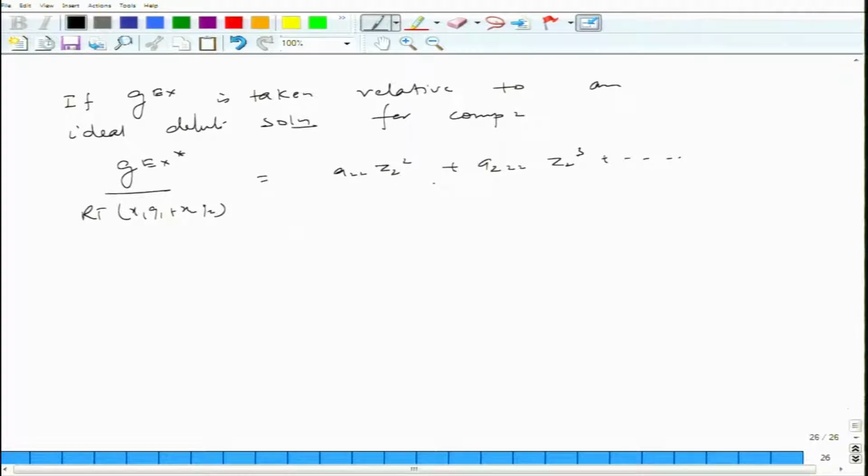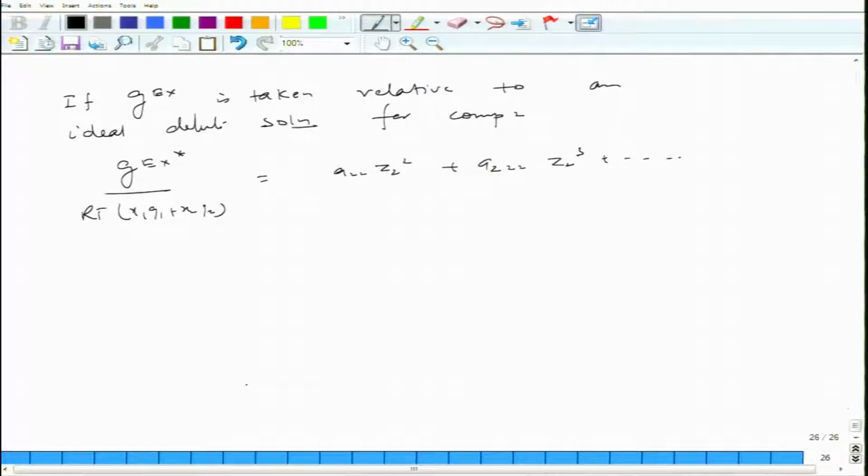It is already dilute in component 2, so it's a dilute solution. Any deviation is due to the interaction between 2s, not between 1, 1 or 1, 2. Because of the excess, any deviation is basically due to the interactions between those 2 particles.